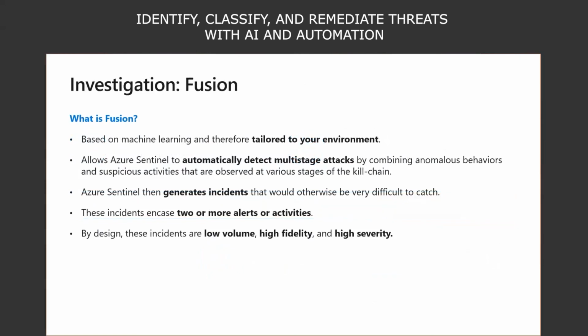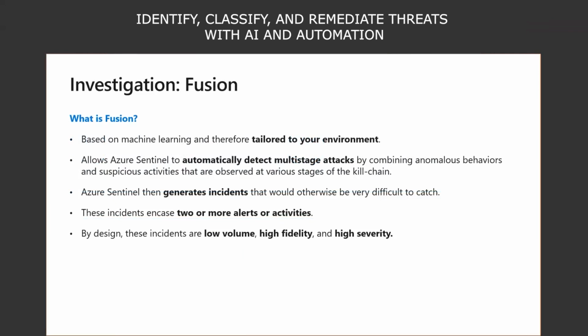All of these signals across AI, machine learning, threat intel, and UBA are in our fusion detections. By using fusion technology based on machine learning, Azure Sentinel can automatically detect multi-stage attacks by identifying combinations of anomalous behaviors and suspicious activities that are observed at various stages of the kill chain.